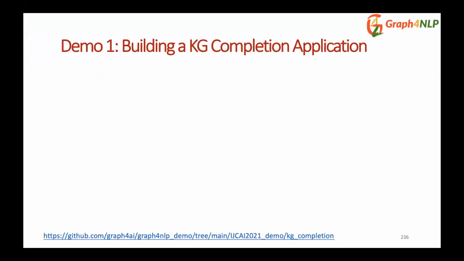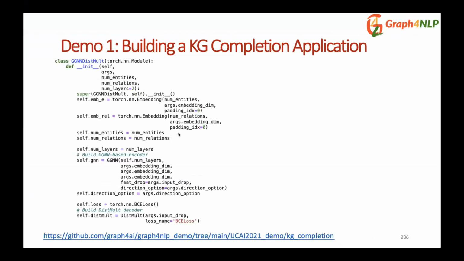Here we can see the overall architecture of the model. As I just mentioned, the model consists of a GNN-based encoder. Here we directly call the high-level GNN API. We call the GGNN API, but you can also choose other GNN models, for example GCN or GAT.